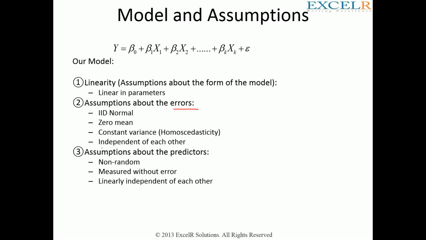Your errors should be independent of each other. If your errors are not independent of each other, you call it autocorrelation. If your predictors, your input variables, are not linearly independent of each other, you call this collinearity. Absolutely, you got it right, Vijay.